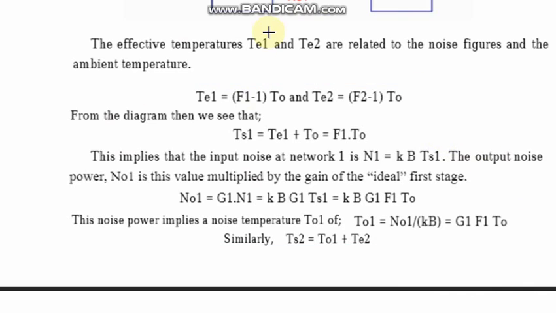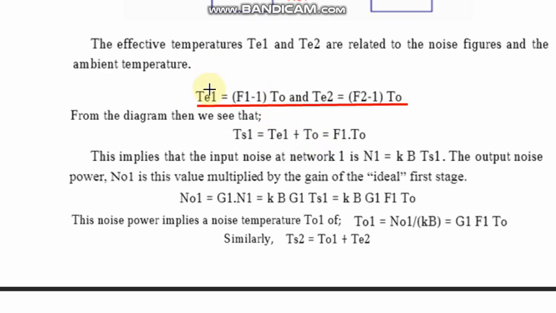Now the complete solutions are given here. One by one I am explaining them. As we have already solved the formula for effective temperature, here I have written TE1 and TE2 directly in terms of noise factors. TE1 is equal to (F1 minus 1) multiplied by room temperature, and TE2 is equal to (F2 minus 1) multiplied by room temperature. From the diagram we have seen that TS1, the sum of the noise temperatures entering noisy network 1, is TE1 plus T0.